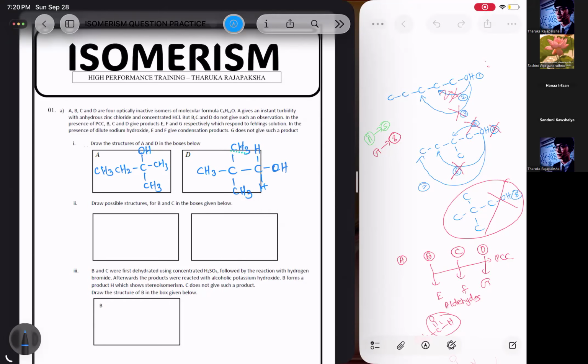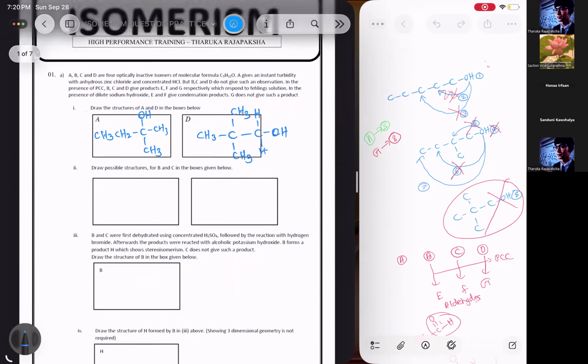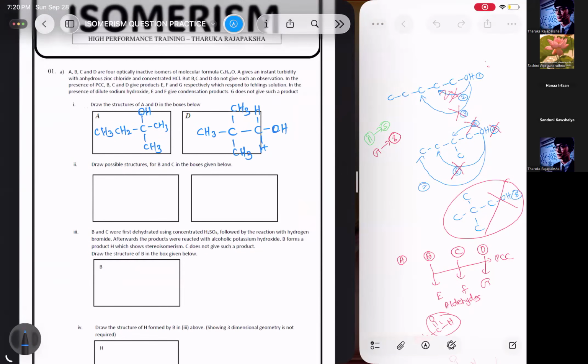Keep that in mind. Isomerism questions are very sensitive because you have to draw the exact structure. If you drew one hydrogen less, it's another structure, so be careful.